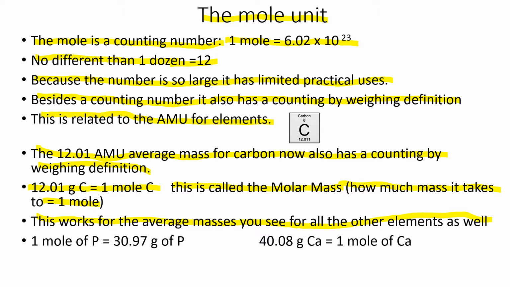So if you look at phosphorus on the periodic table, 1 mole of phosphorus is 30.97 grams of phosphorus. If you look at calcium, 40.08 grams of calcium is 1 mole of calcium. That average mass that you see for each element is how many grams of that element it will take to give you 1 mole of that element.